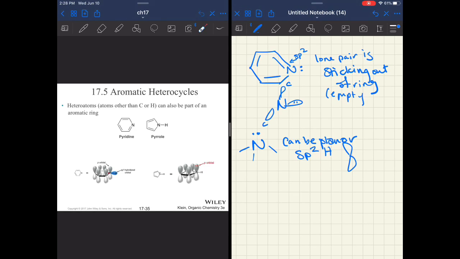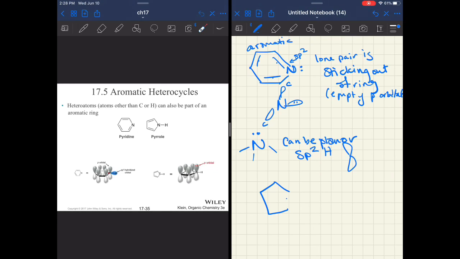Let's make a note there. Empty p orbital. And then you've got 3 pairs from the double bonds. And so rule 1 is checked because you have that empty orbital from the nitrogen. Rule 2 is checked because you have an odd number of pairs. And it's aromatic.